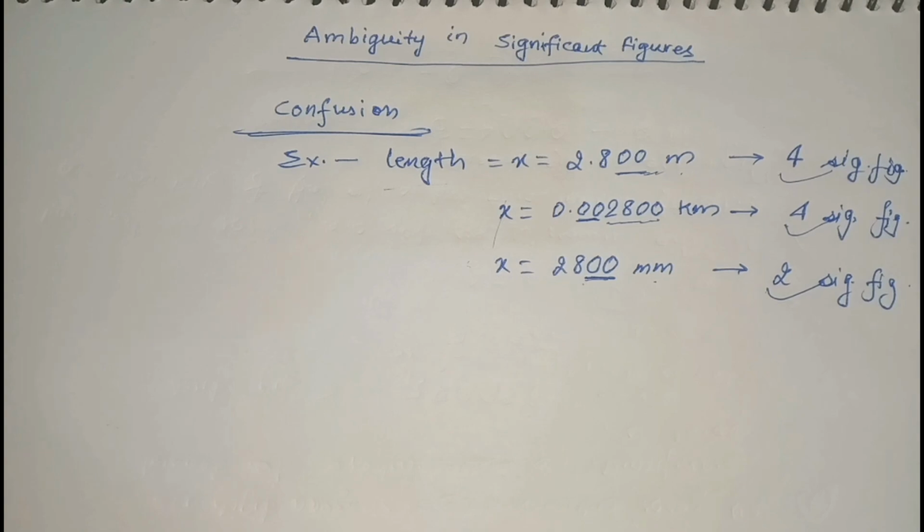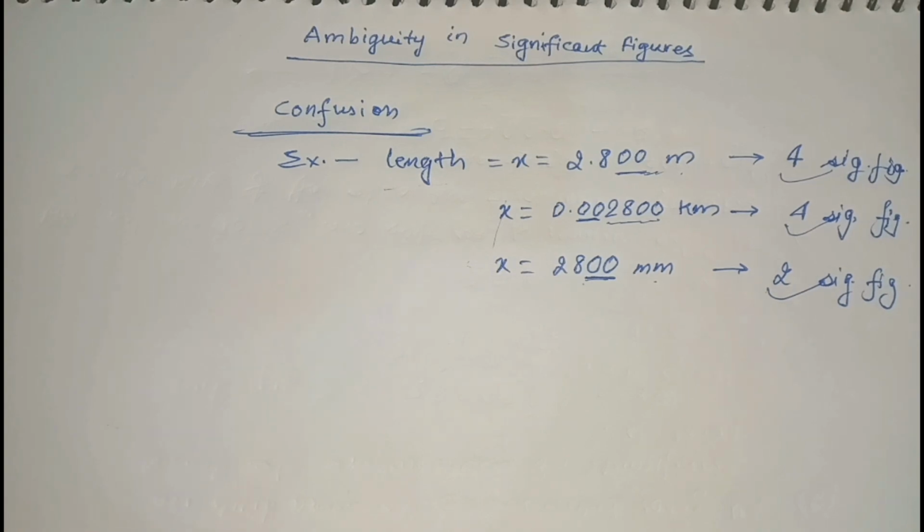This is a confusion. Now to tackle this, this question also comes: how to overcome ambiguity in significant figures.